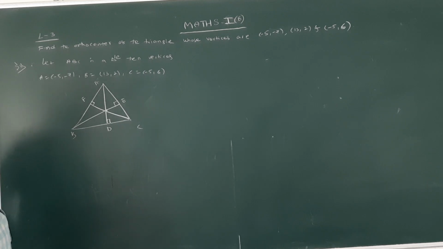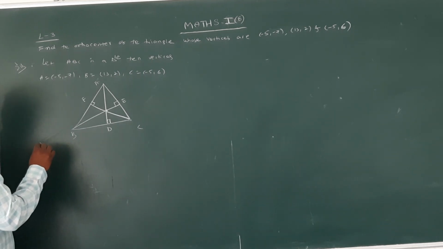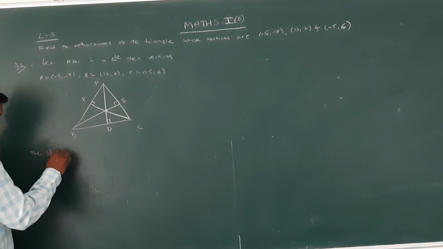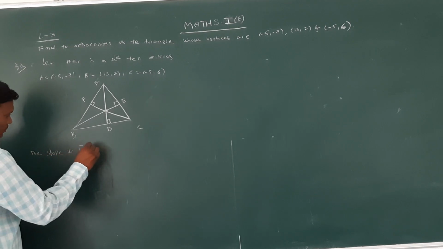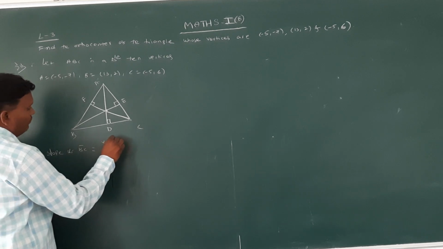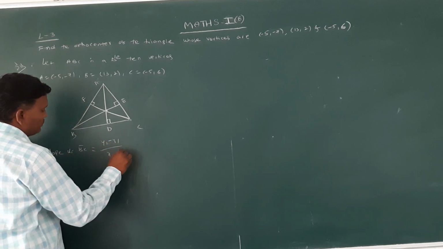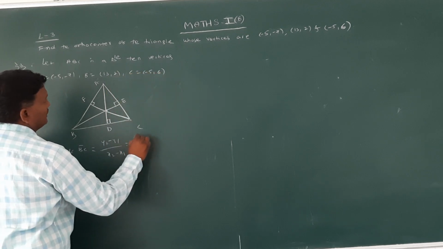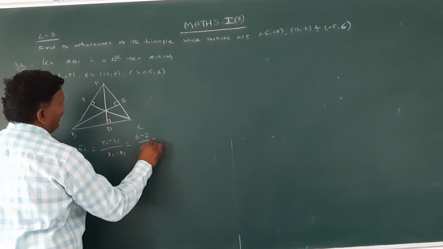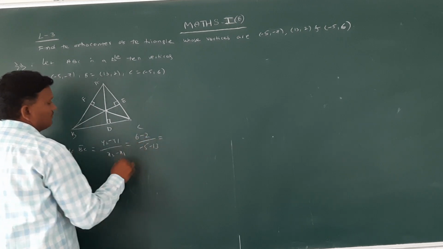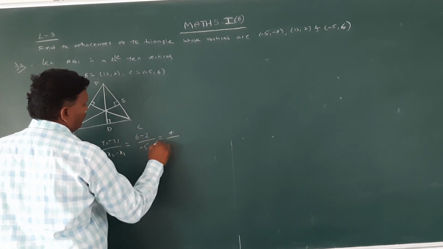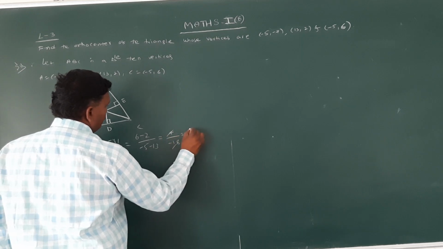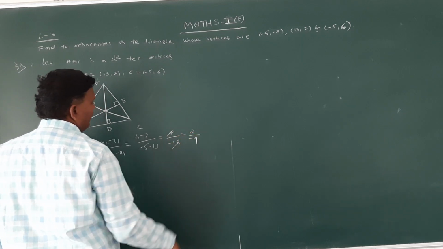The slope of BC is equal to y2 minus y1 by x2 minus x1, which is 6 minus 2 by -5 minus 13, that is 4 by -18, which is equal to -2 by 9.